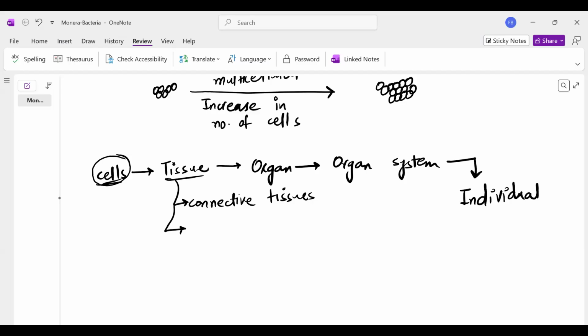Basically, at your level, there will be four types: the connective tissues, the muscular tissues, the nervous tissues present in the nerves, and the epithelial.